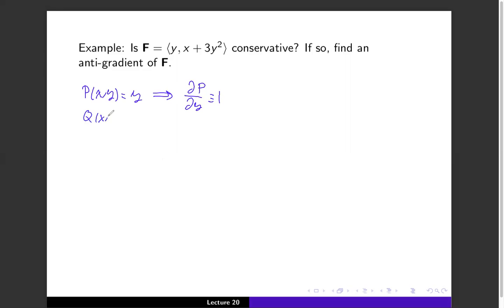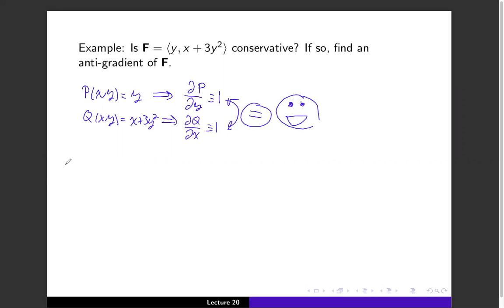Meanwhile, q of x,y is x plus 3y squared. Del q del x, in this case, is also the constant function 1. Aha! These things are the same. And that makes us extremely happy, and now we're going to find out what the anti-gradient is.